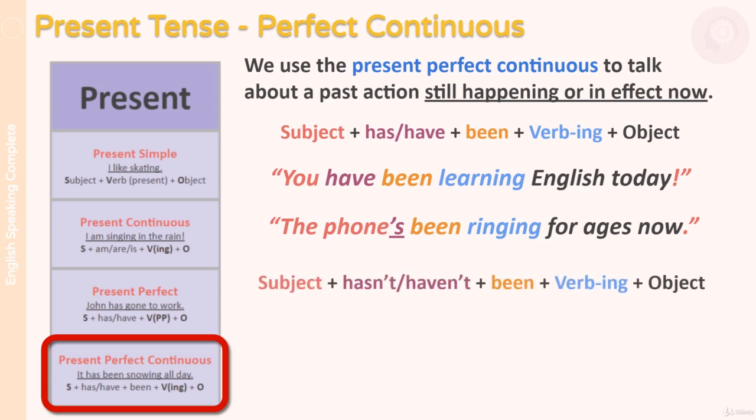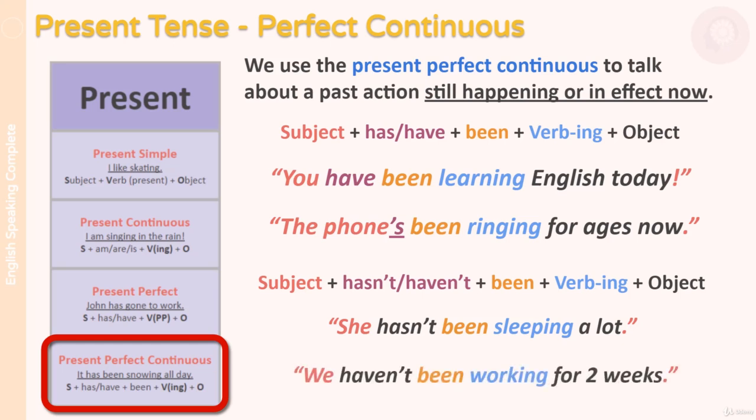Okay, next up, for the negative form, hasn't, haven't, been, gerund, and then complete the sentence. She hasn't been sleeping a lot. So, in the past, not sleeping well. The effect now, still not sleeping, possibly very tired.